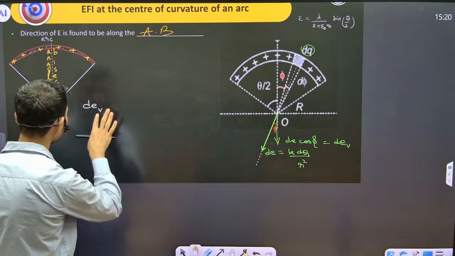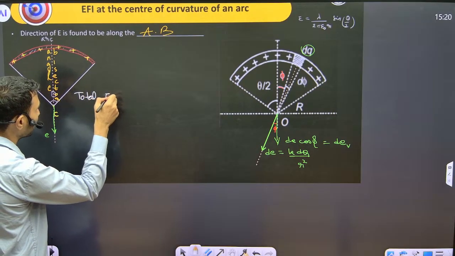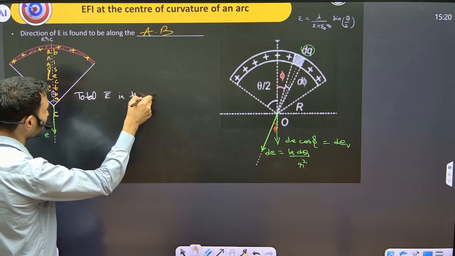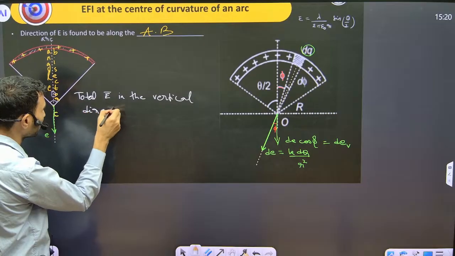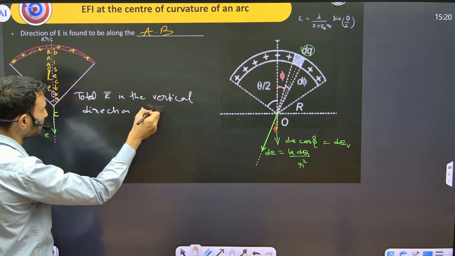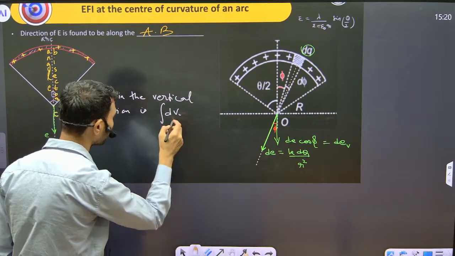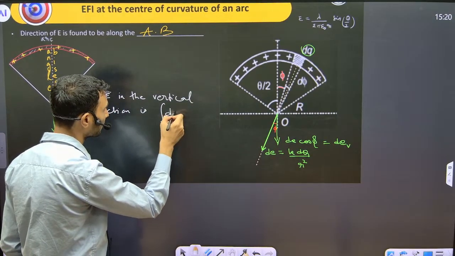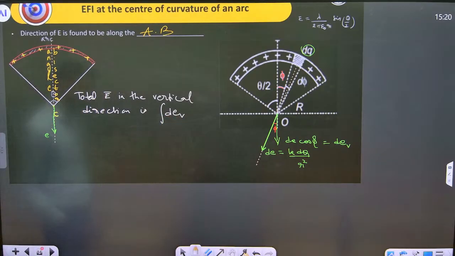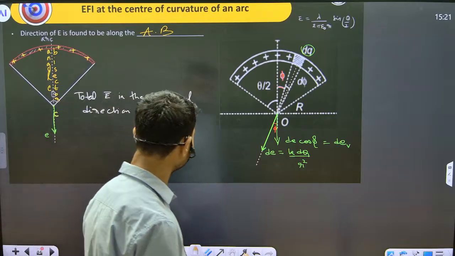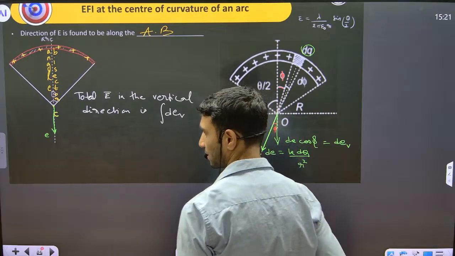So basically, total electric field in the vertical direction is integration of dEv. I hope you understood that part. Integration of dEv, that's what is the total electric field, right? Where dEv is dE cos phi, right?